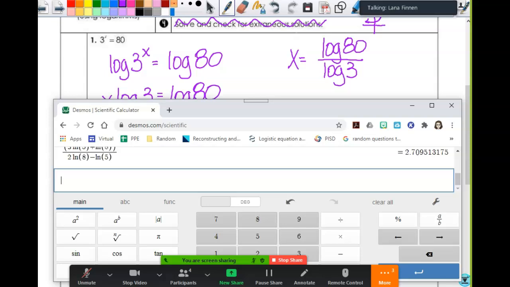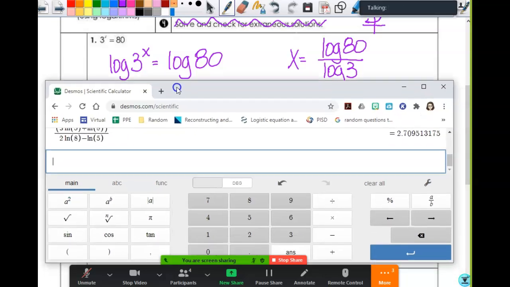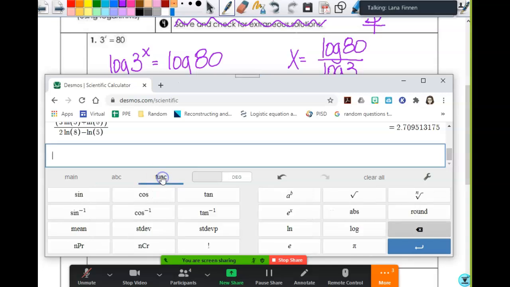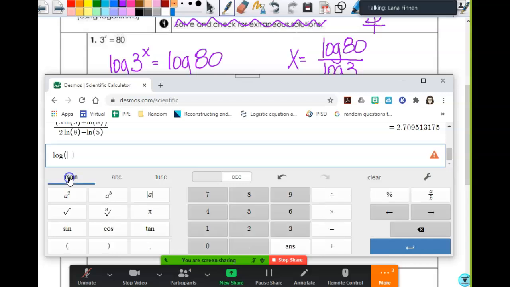So you're going to go to the Desmos calculator that I had you go to today. Hang on a second. All right. So, stuff's in my way. I'm going to go to function. Log is over here. Log. Got to go back to main of 80.